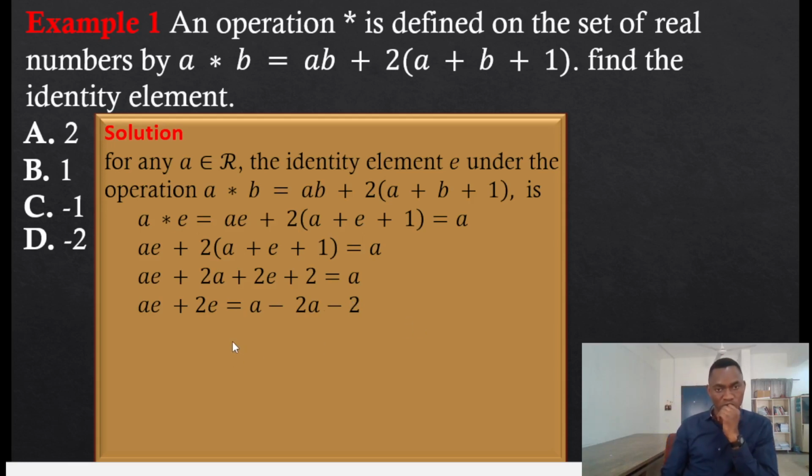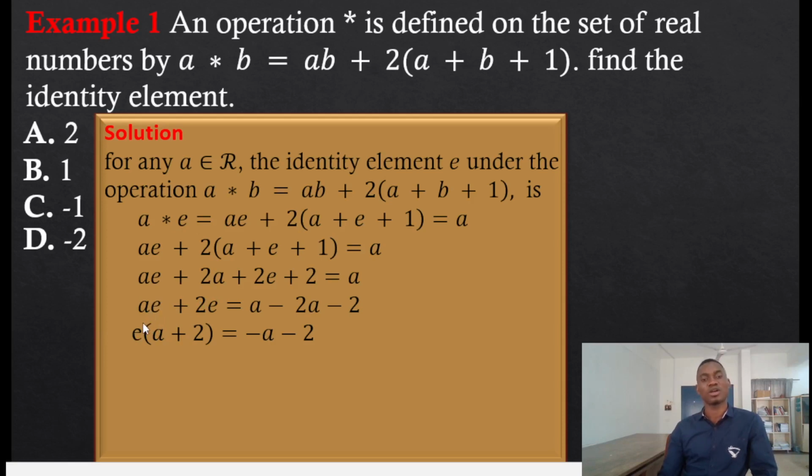So we have AE plus 2E equals A minus 2A minus 2. We can factor out E. If you look at the left hand side expression, you see that E is common, AE plus 2E. So our E can be factored out.